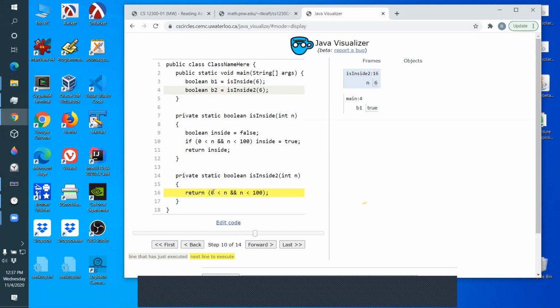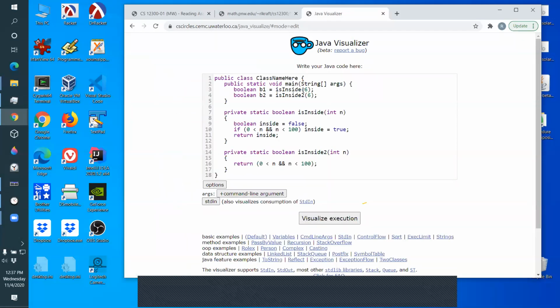If one of these is false, so if it's not the case that n is greater than 0 and n is less than 100, then return false. In this case, it's just going to return true. So you just check that thing all in one step and it returns true. And if I check something like 600, 600 is not between 0 and 100.